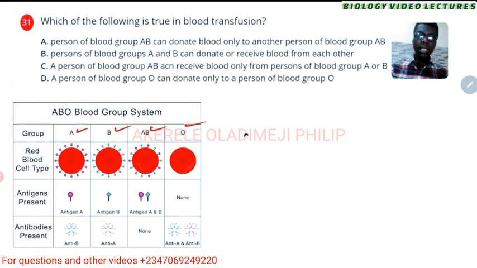These are the red blood cells of different human beings or different blood groups. On this surface, like I'm just putting that arrow there, you have what we call the antigen. So the antigen is present on the surface, while antibodies are present in the plasma of those people.